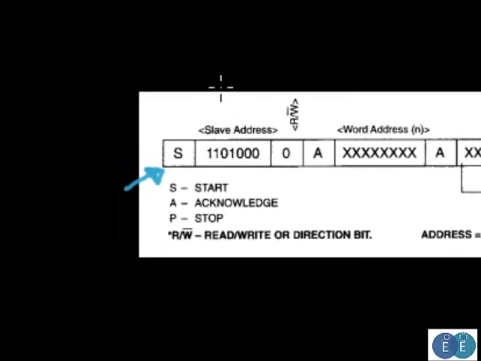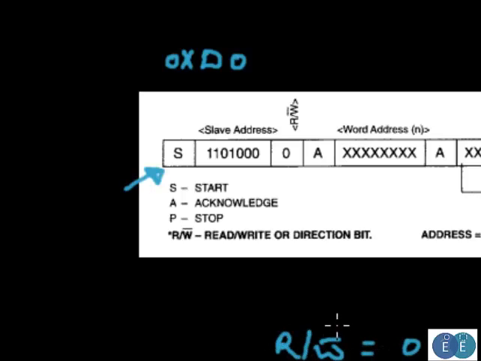This is 7 bits plus a read/write bit, so if I count that, this would be D0. In this case, D0 is 0. That means read/write bar is 0, so it would be configured in write mode, and the microcontroller can write into the RTC IC.